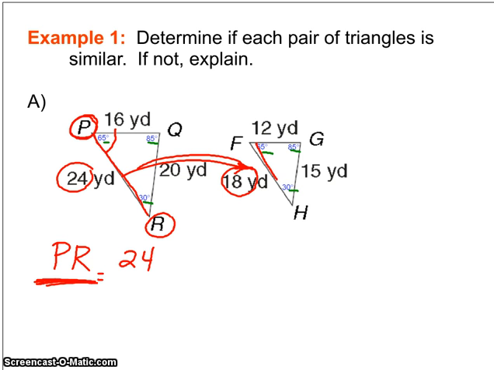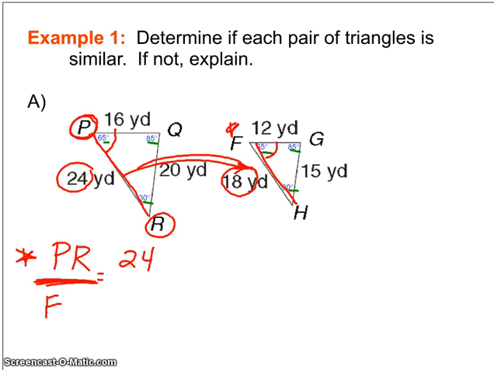I'm trying to determine if I write the F first or the H first. So P, which is 65 degrees, must correspond with another 65 degree angle. Which letter over here is also 65 degrees? F.